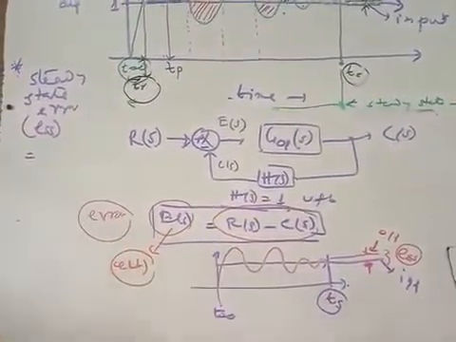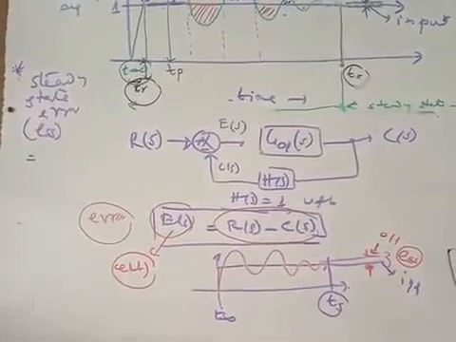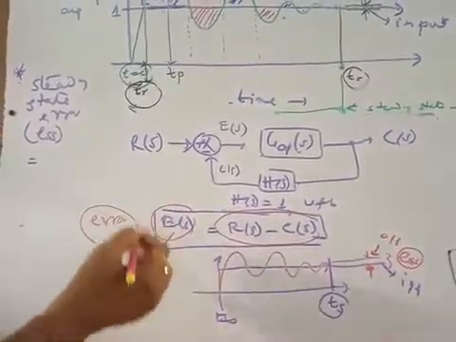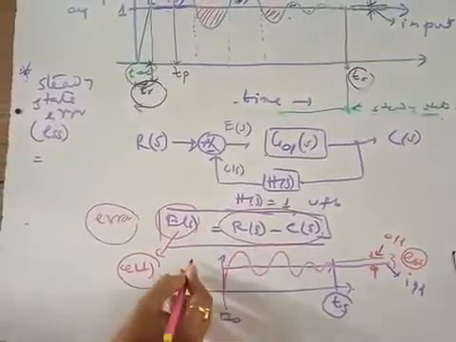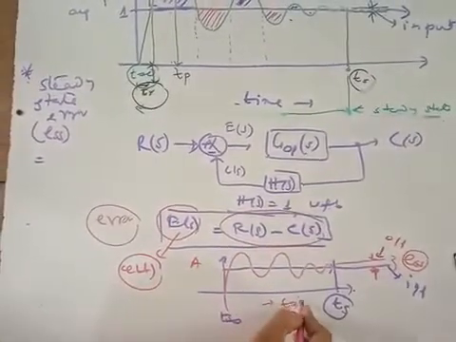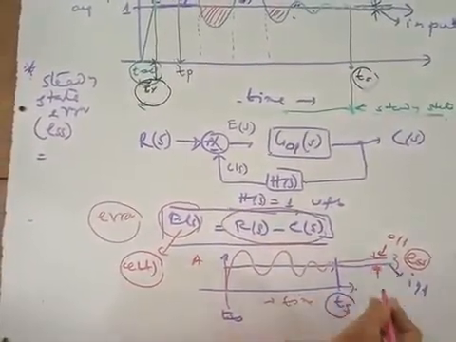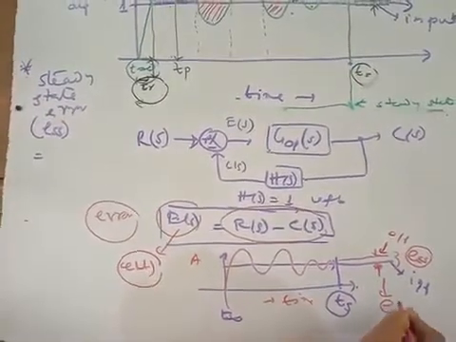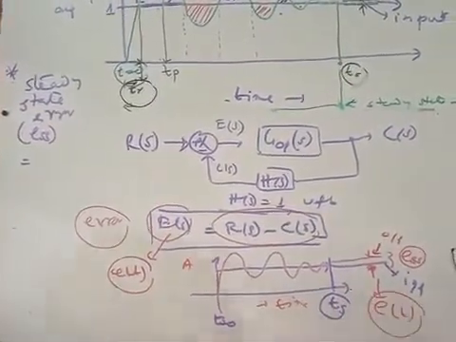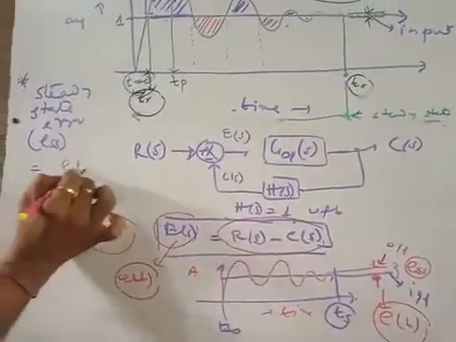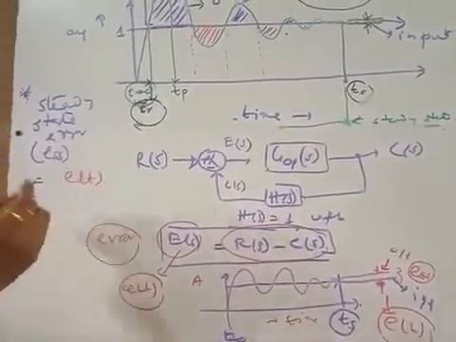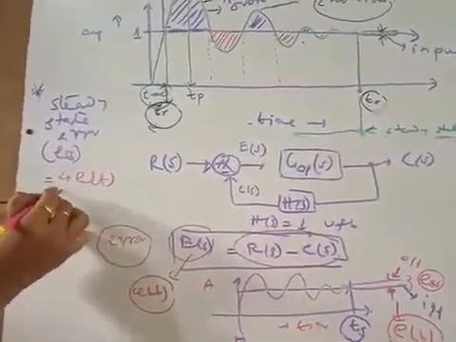Because already we have discussed that all the terms are in time domain, so this is your ET. When we get this amplitude versus time graph, we get this as ET, a function of time. So ET is your steady state error when limit t tends to infinity.